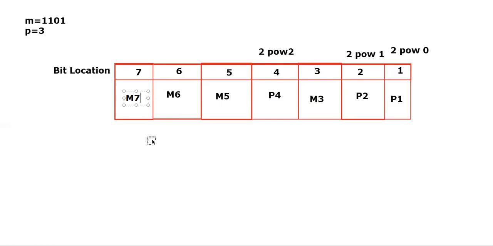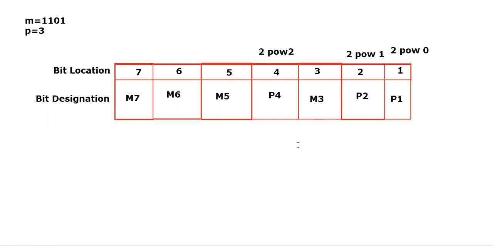That means we have given a bit designation. So P1, P2, M3, P4, M5, M6, M7 are the bit designation.